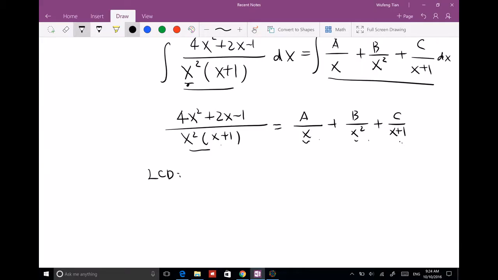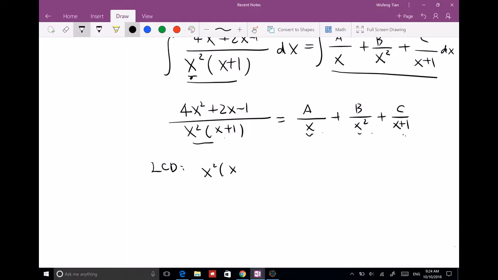What is the LCD? X squared times x plus 1. That's perfect. Okay, so we multiply everything by the LCD. If I multiply the first term by the LCD, what do I get? 4x squared plus 2x minus 1.